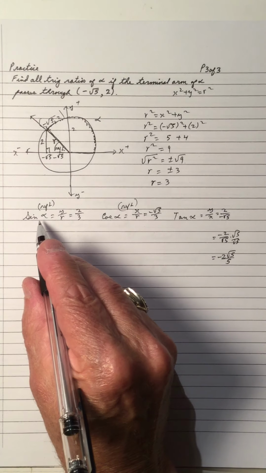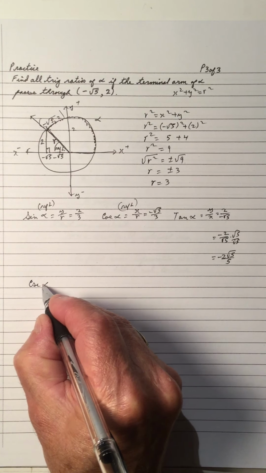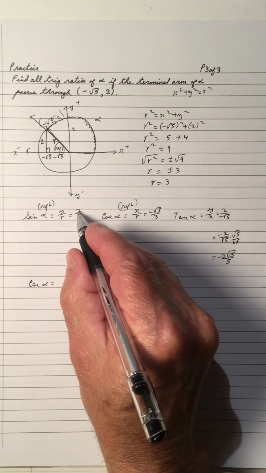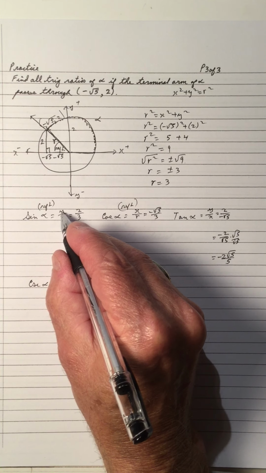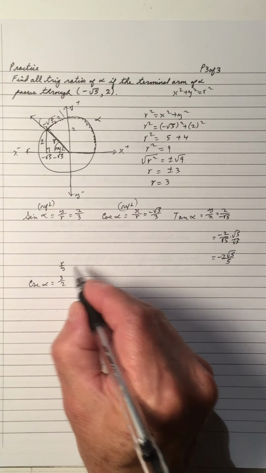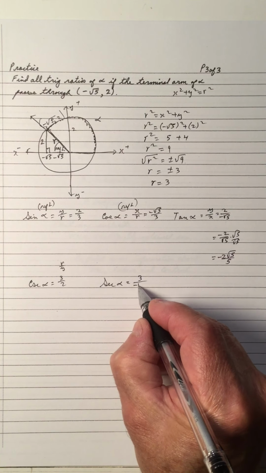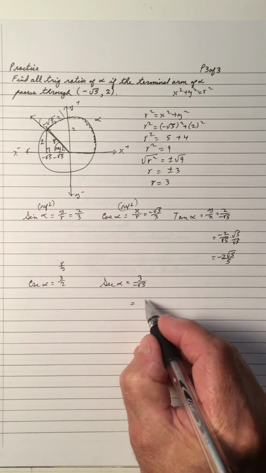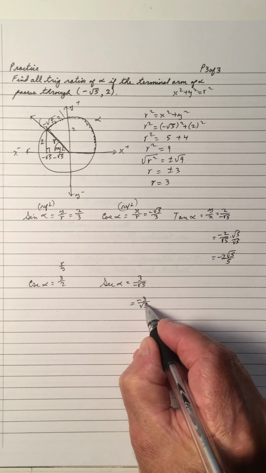And we've got sine done, so the reciprocal of sine is cosecant alpha, and the reciprocal of 2/3 is 3 over 2. Remember, that's the y over the r, this is the r over the y. And the reciprocal of cos is secant alpha, and the reciprocal here is 3 over negative root 5, but we never put the negative in the bottom, so we go negative 3 over root 5.